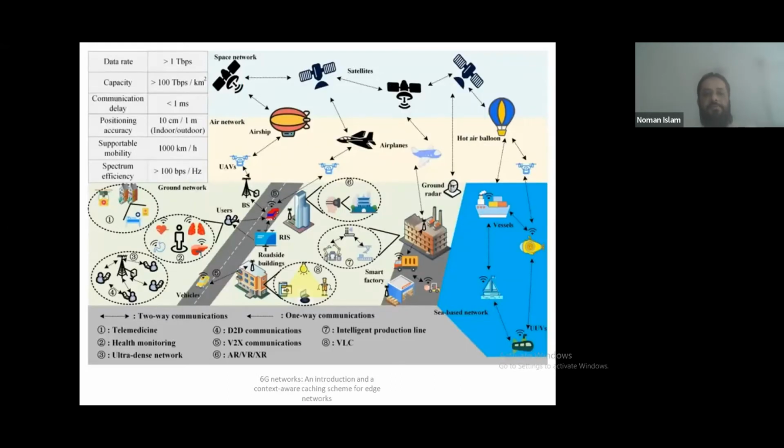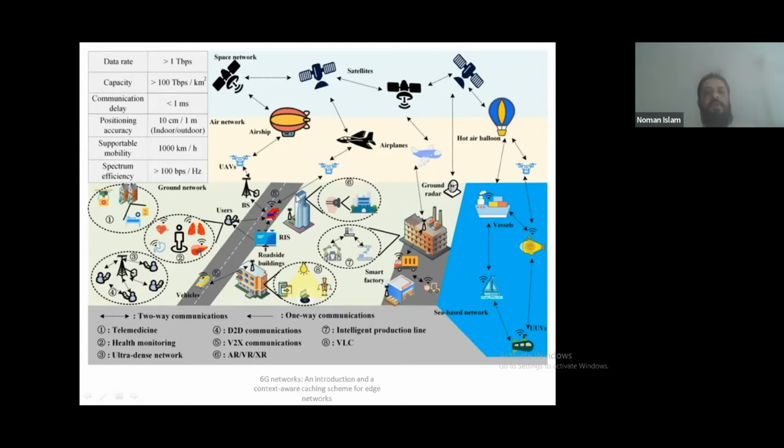So we have the space, where we have the satellites and the other heavenly bodies. Then we have the air, where we have aeroplanes, hot air balloons, airships, and unmanned aerial vehicles.